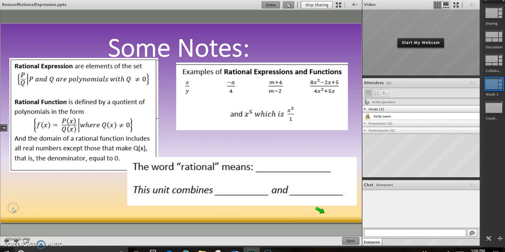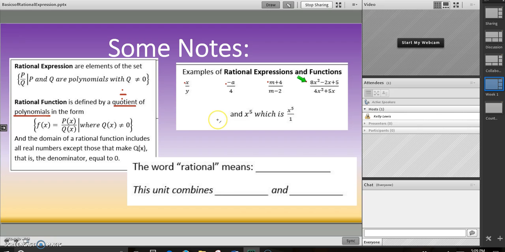A rational expression is basically a quotient, that means division, of polynomials. A polynomial is like terms, right? So this is a term, that's a term, n plus 4 is terms, 8x squared minus 2x is 5, that's a polynomial.